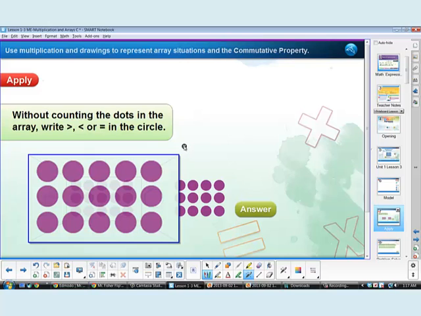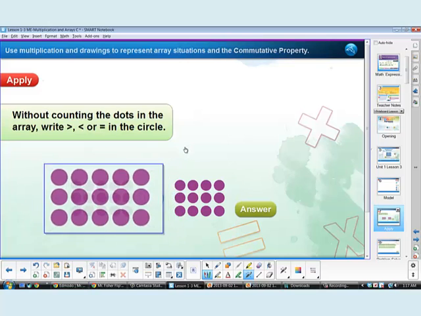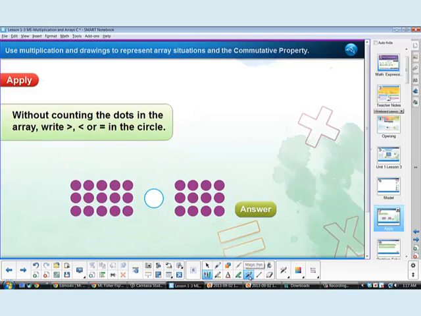And one of the ways we can do that with this array is to use multiplication. So let's take, how many rows are there? Oh, let's go with columns first. How many columns are there? 1, 2, 3, 4, 5.